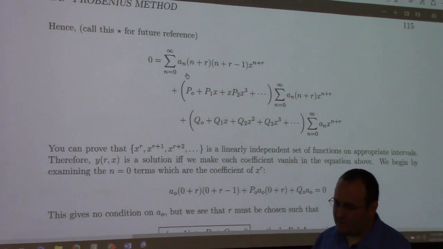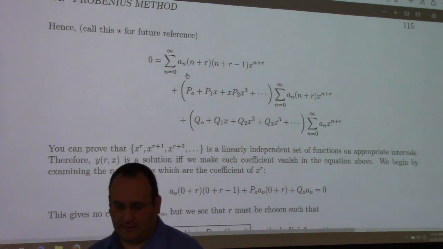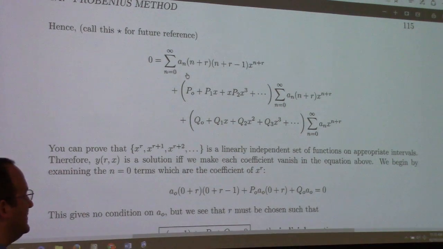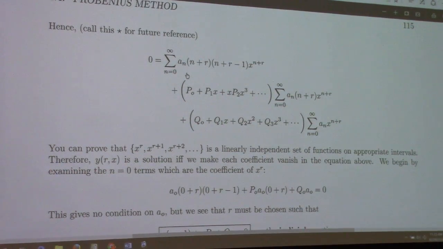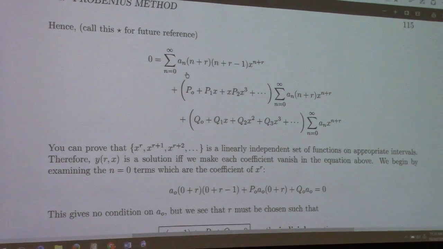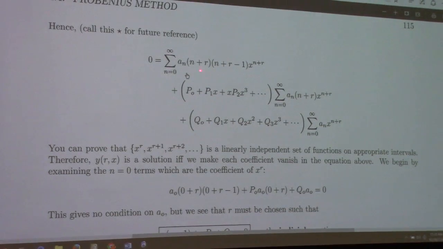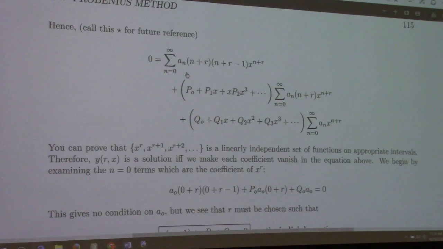To be honest, if you really want to get into this more deeply and really become a calculational master at this, you should study Rabenstein. He has a few more tricks than I show here. But this will suffice for our purposes. So that's about as clean as it gets. So I'm going to leave it right there. All right, that's going to suffice to look at order by order, collect terms.